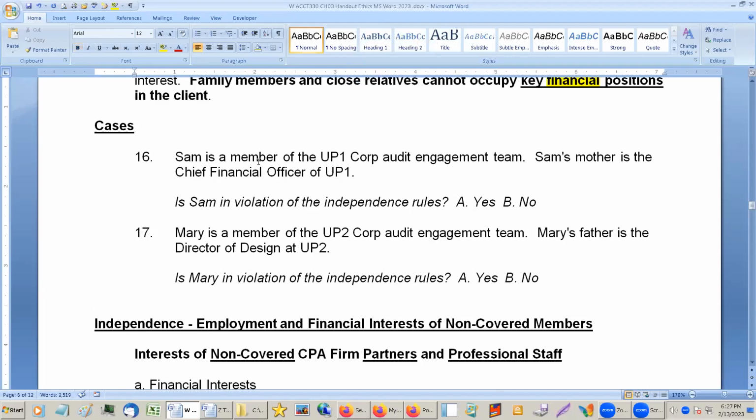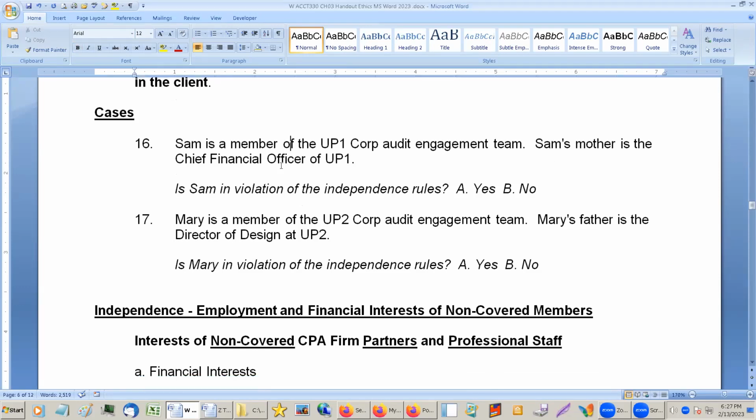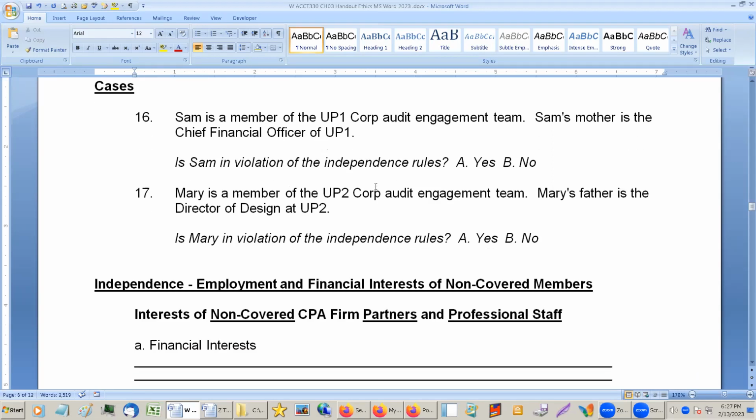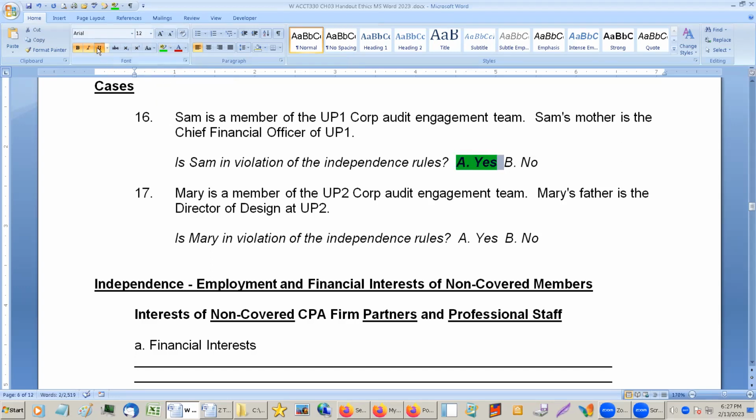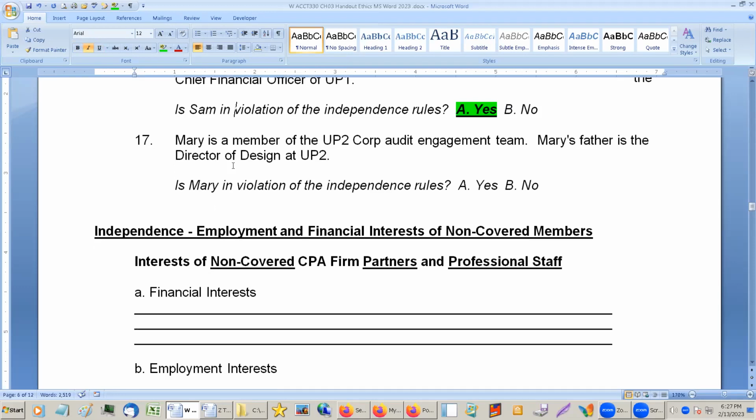Sam's a member of the UP1 audit engagement team. Sam's mother is the Chief Financial Officer of UP1. Is Sam in violation of the independence rules? Yes. Mary is a member of the UP2 team.